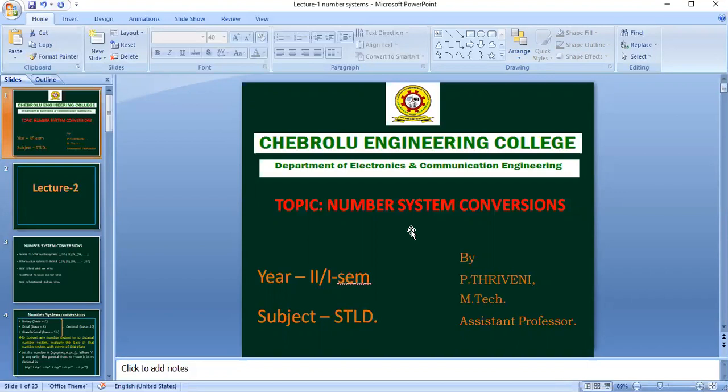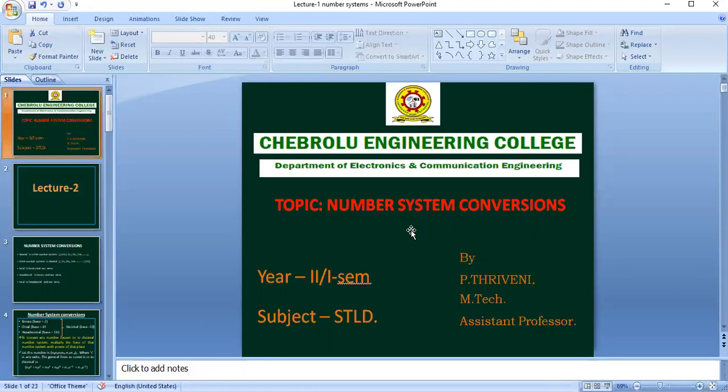So for the octal number system, octal means 8. The base or radix of the octal number system is 8. Why? Because it contains only digits from 0 to 7, totally 8 digits.